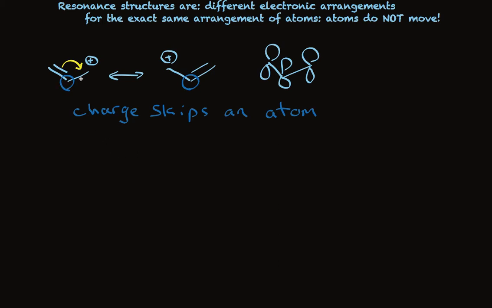Notice that the arrow goes from this line indicating a pair of electrons toward positive charge. Arrows indicate movement of electrons. Electrons are negative, so they move toward positive charge. They move away from negative charge.